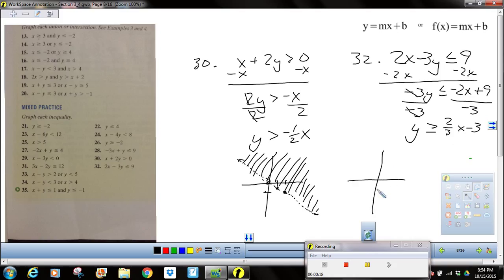Y-intercept is negative 3. Slope is 2/3, so when I go over 1, it will go up 2/3, which is hard to tell, so I'm going to exaggerate it, up 2 over 3. This has the equal to part, it'll be a solid line. And it says y is greater. I mean, y is larger, so it would be shaded above, is what I'm getting to.